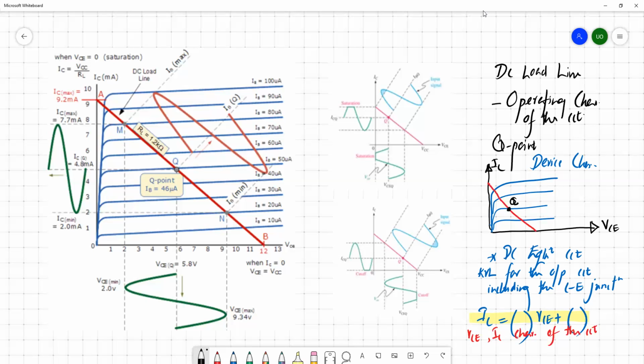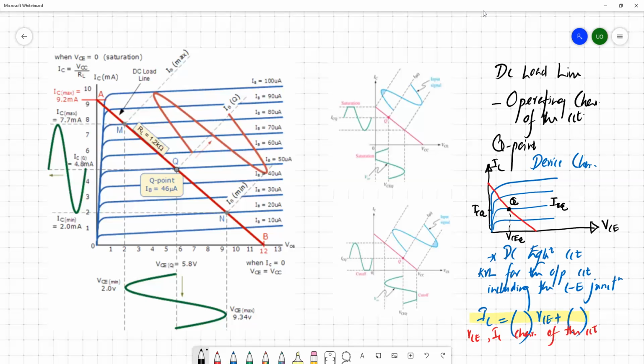Once you fix the Q point of the transistor, we can easily pick the values for the base current, the collector current, and the collector emitter junction voltage. Those are the Q point parameters: IBQ, the Q point base current, VCEQ, the Q point collector emitter voltage, and ICQ. These are the three quantities we pick from the above analysis.